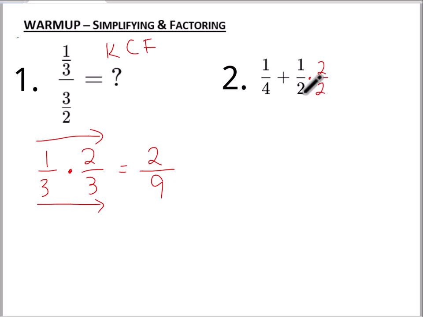But if I multiply by 2 on the bottom, I have to multiply by 2 on the top as well. So I have 1/4 plus 2/4, giving me a total of 3/4. The denominator doesn't change, but the numerators get added together, so 1 plus 2 gives me 3. This property is also going to show up today as we're working through trig identities.